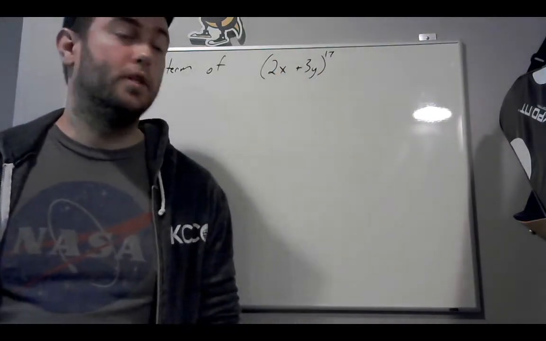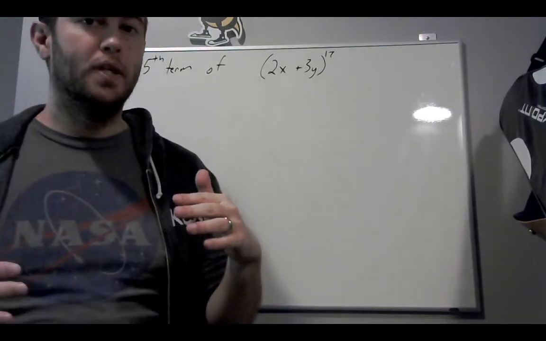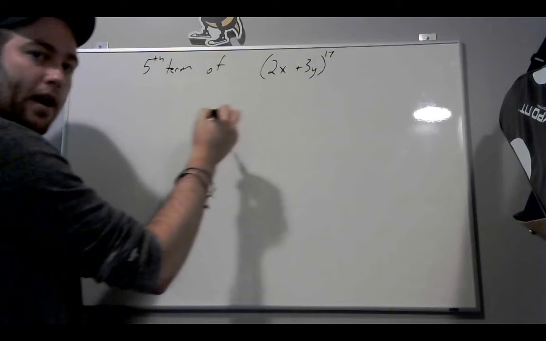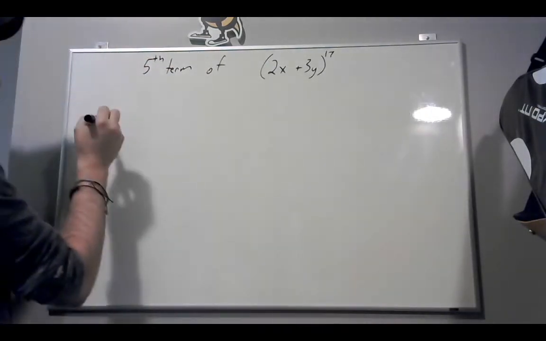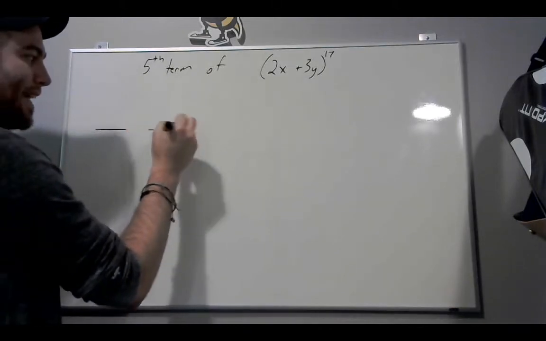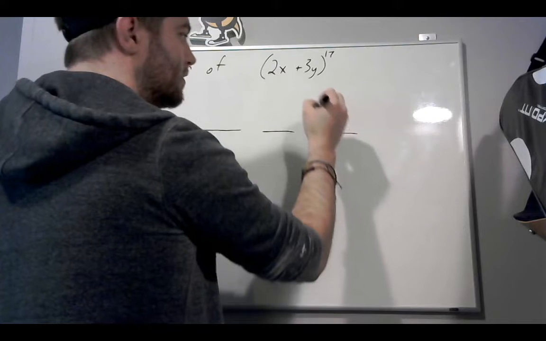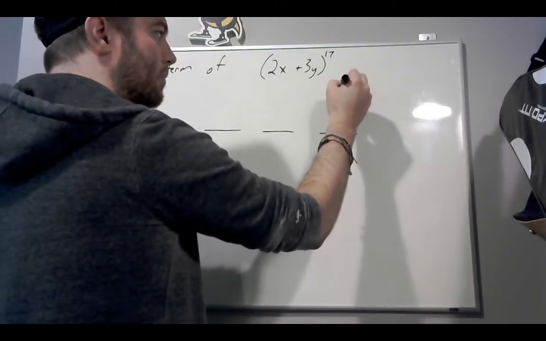Well, that's going to be ridiculous, but whatever. So I'm trying to find out the fifth term. So what I'm going to do is I'm going to write out 5 blanks. So 1, here's my first term. Second term, third, fourth, and fifth. So this is the value that I am looking for.